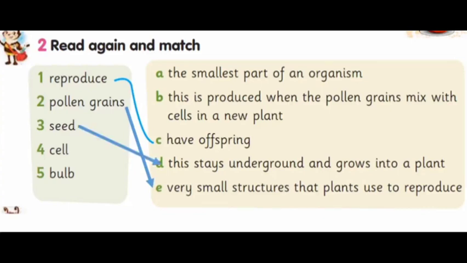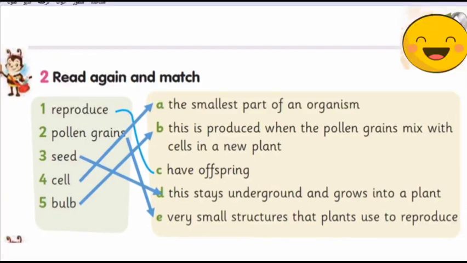Yes, this stays underground and grows into a plant. Number 4, cell. The smallest part of an organism. Brilliant. Number 5, bulb. Yes, this is produced when the pollen grains mix with cells in a new plant.